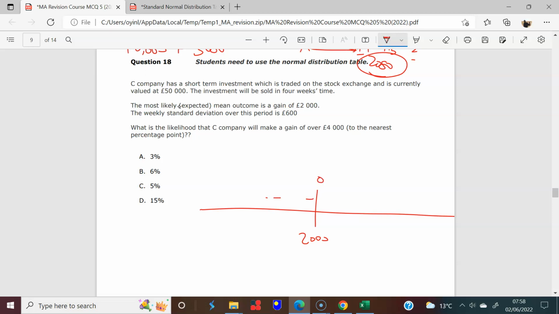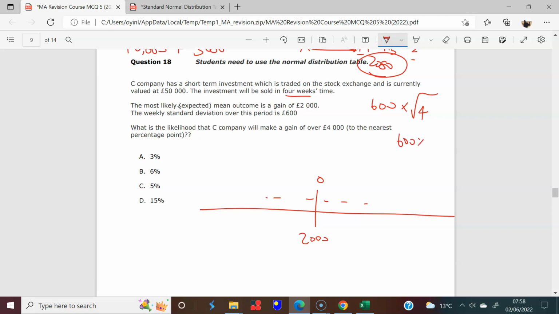So I'm looking for the deviations, right? It says that the weekly deviation will be £600. We're going to sell it in 4 weeks, so we operate in the period. Like I said, if it was daily, you'd multiply it by the number of days. If it's weekly, you multiply it by the number of weeks to find what the deviation would be over the 4-week period.